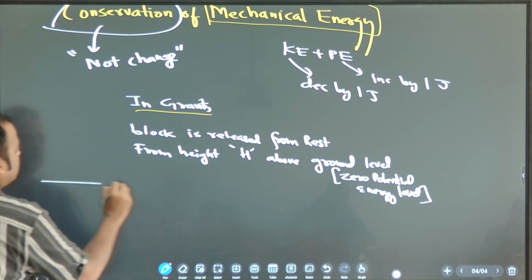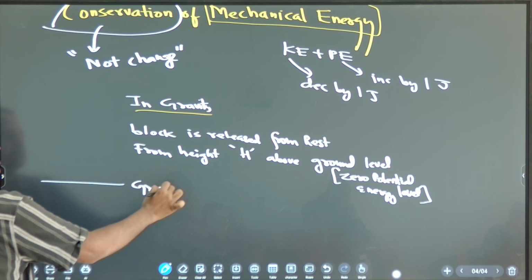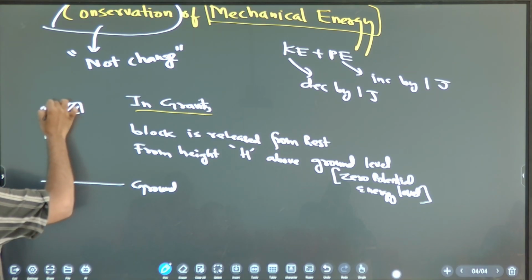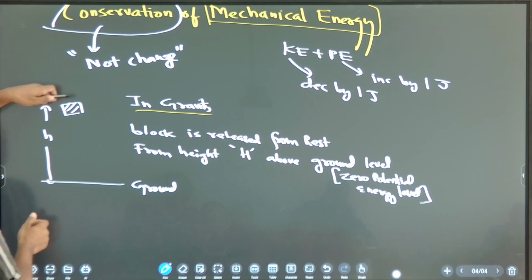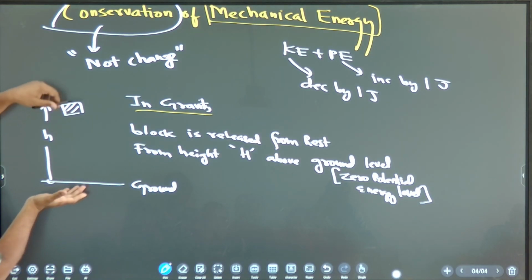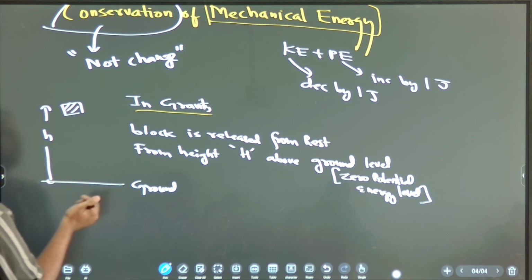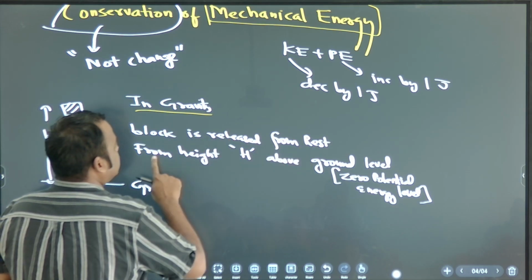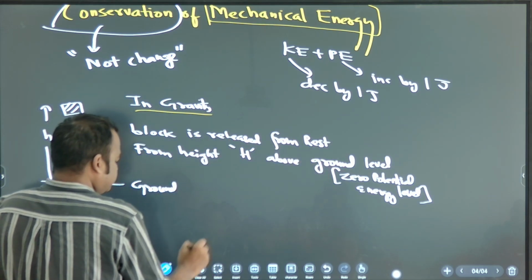Suppose this is the ground level. Initially where is the block? At what height? H. So what is the potential energy here? mgh. Now it is released. The block is released from rest from height h above the ground.